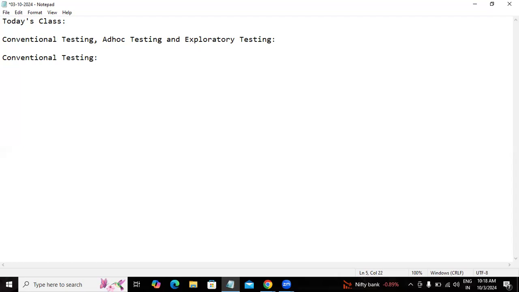In conventional testing, initially what will happen? We give the sign off to the particular project. There is a client, and with that client we initially give a sign off, a project initial sign off.